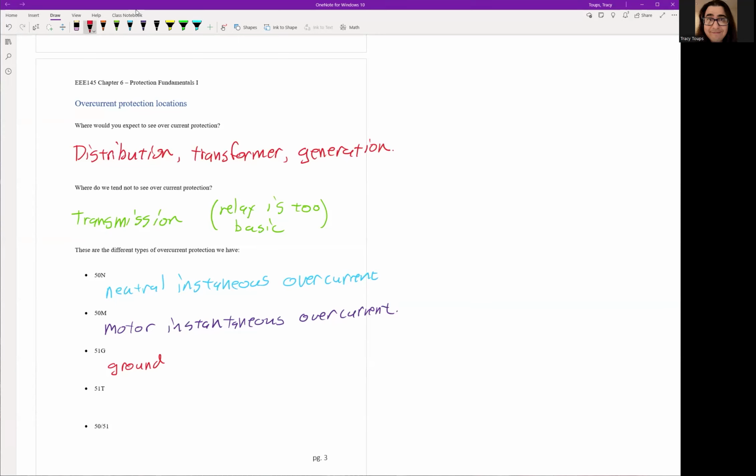So ground and 51 is inverse time overcurrent. Okay. A 51T is a transformer inverse time overcurrent.